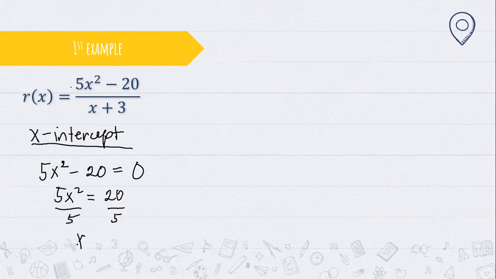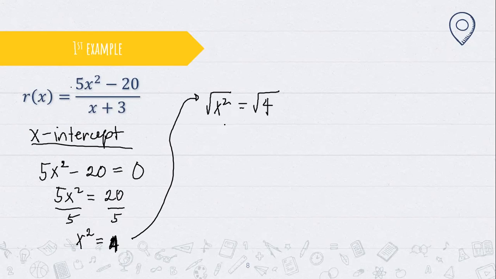So, we have x squared is equal to 4. Square root both sides. Square root of x squared and square root of 4. Ayan, nag-square root tayo, class. So, x is equal to positive, negative 2. Ibig sabihin, our x-intercepts are at x is equal to 2 and x is equal to negative 2.